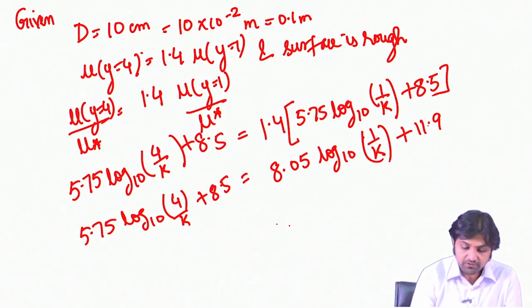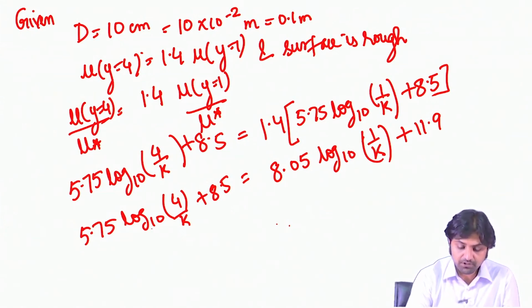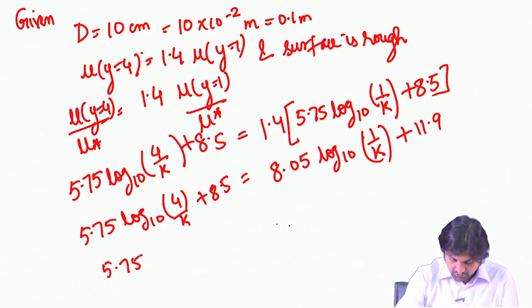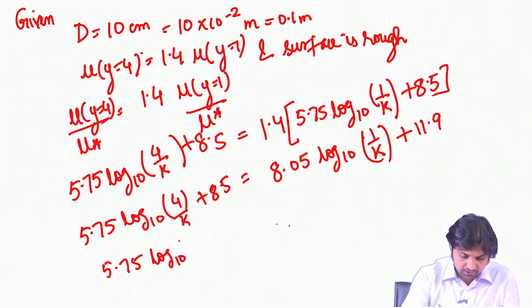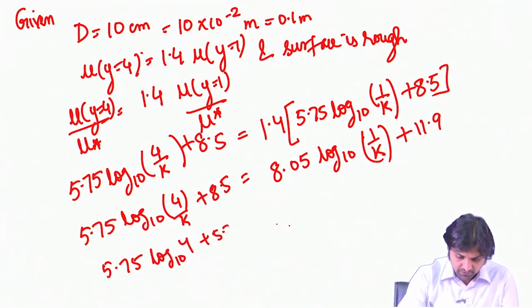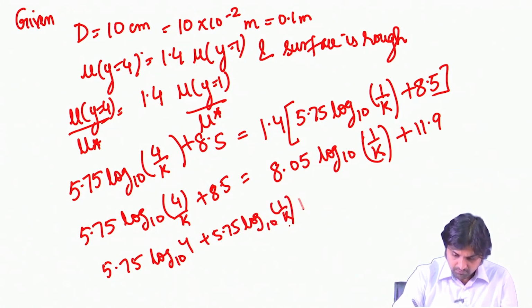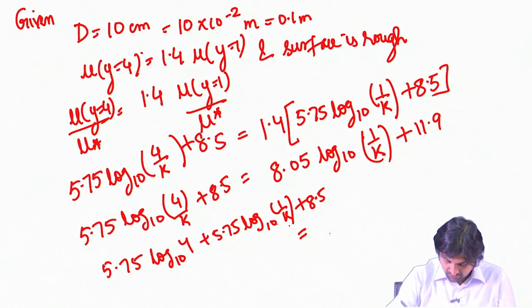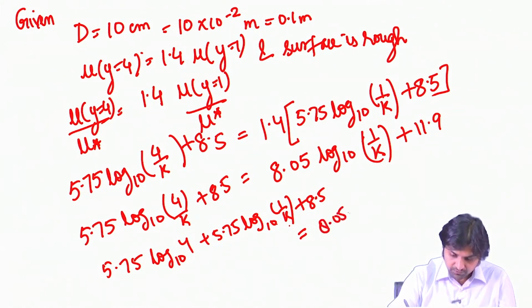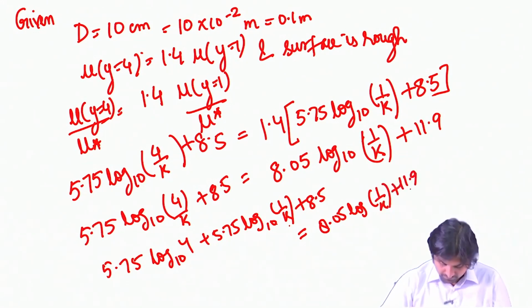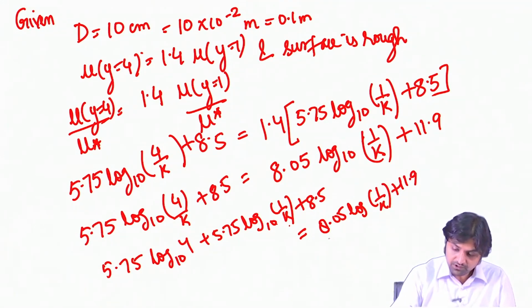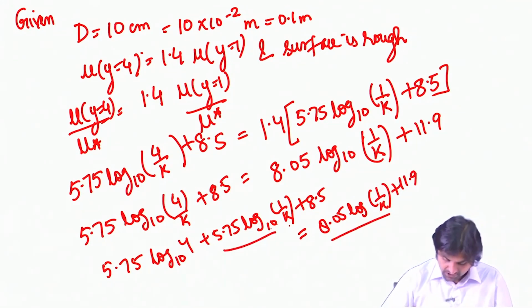Okay, so we will split this log 4 by k, so we can write 5.75 log 4 plus 5.75 log 1 by k plus 8.5 is equal to 8.05 log 1 by k plus 11.9. All right, and you see there is log 1 by k here, log 1 by k here.